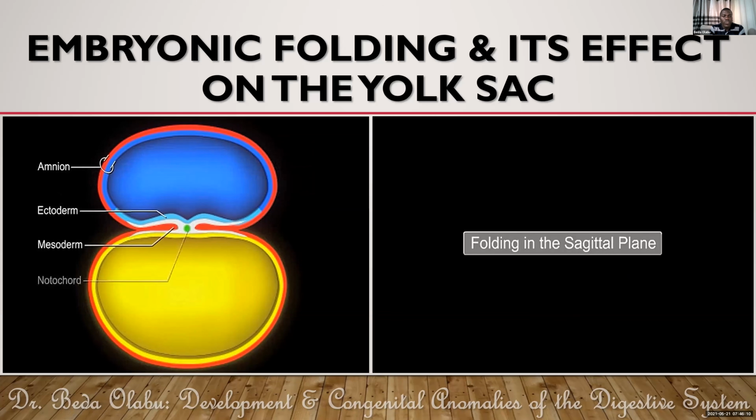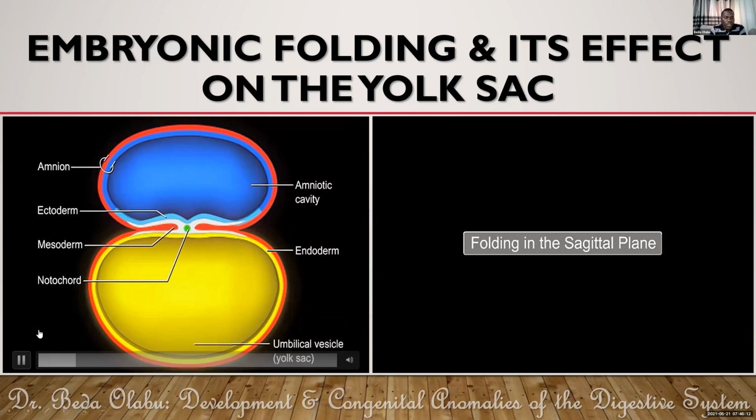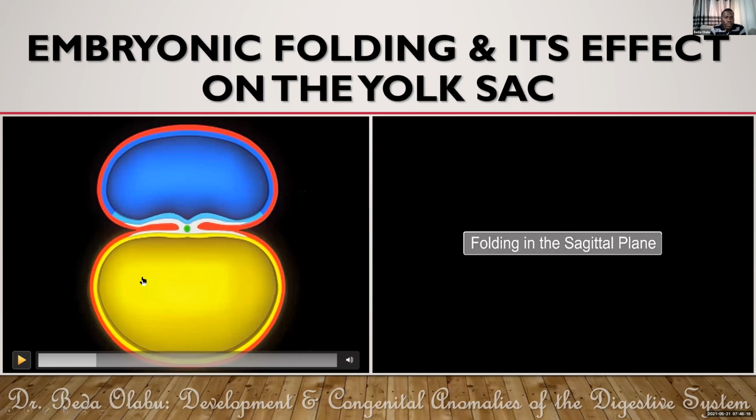Lateral embryonic folding. So let's look at that. You now have the trilaminar embryo with blue being ectoderm, the other color being mesoderm and the yellow being endoderm.